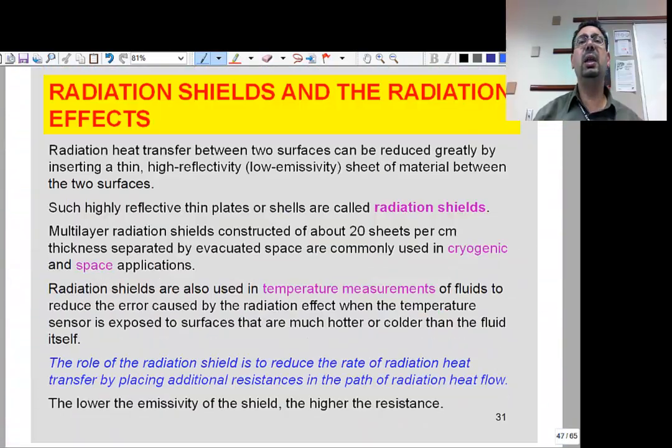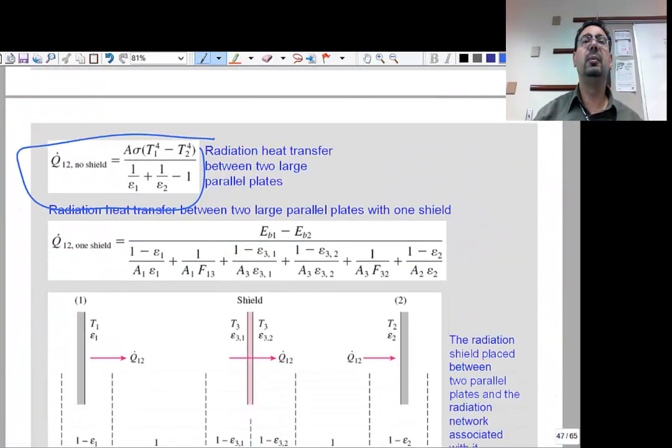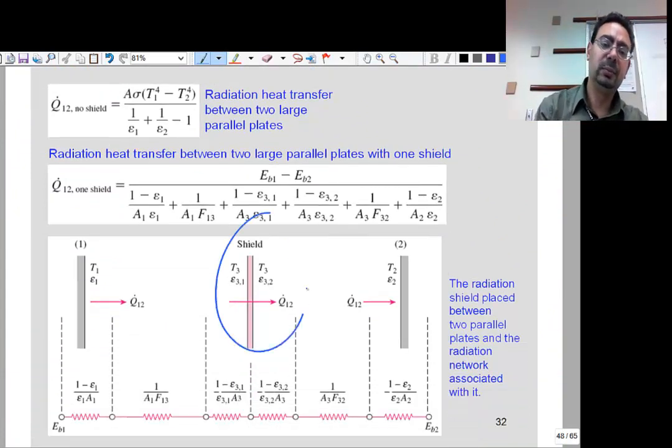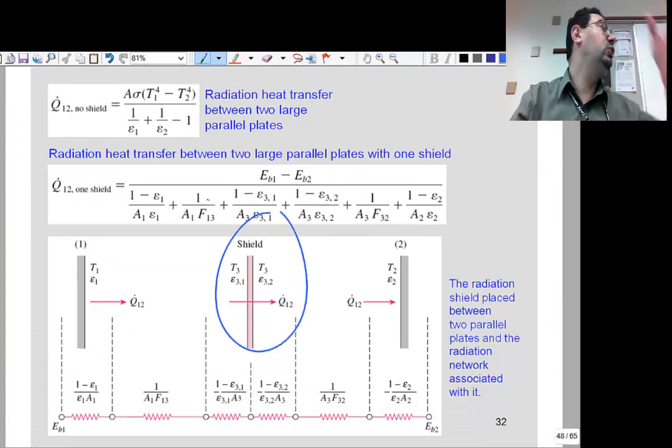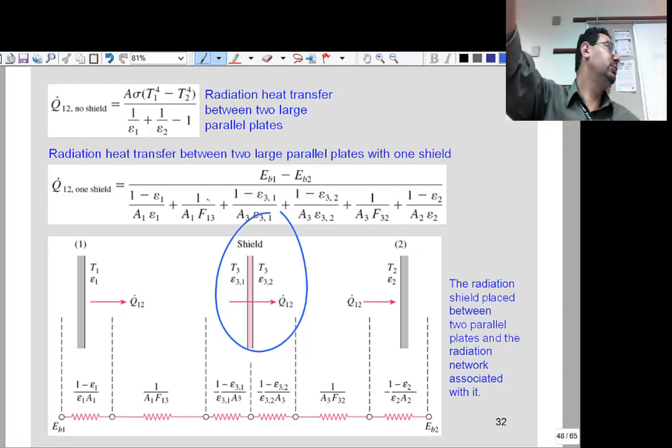So now what he's saying is, what if you have a shield between them? You are trying to reduce the heat transfer by radiation. So you put a metallic foil shield between them. That's perfect for radiation, right?